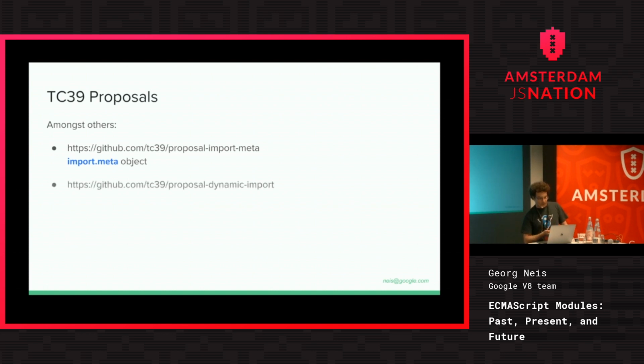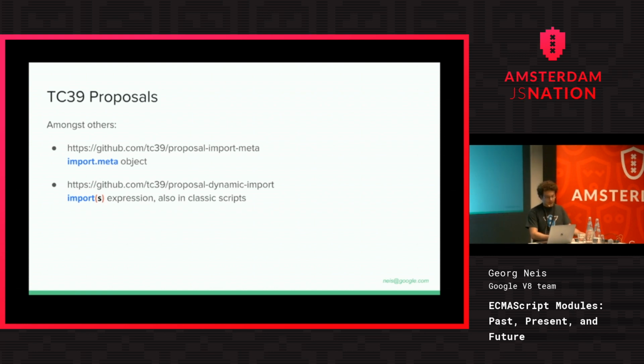Then very important, dynamic imports. So I only talked about static imports so far. Dynamic imports let you import things conditionally, like dynamically at runtime. And the specifier here can be an arbitrary expression, a computed string as well.